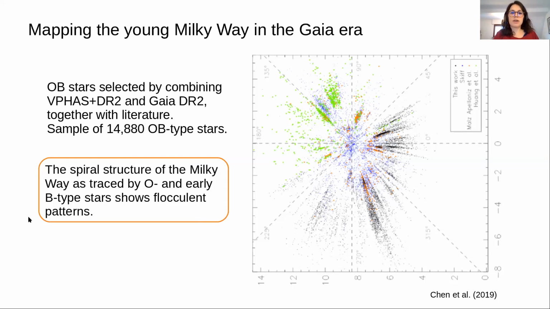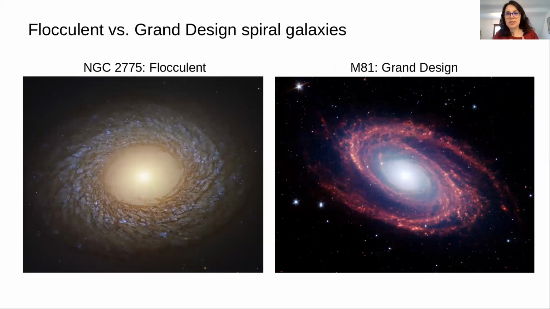Now, for many of you, or at least for me 1 year ago, flocculent was a very weird term, and I didn't know what it was. So I did some research, and I discovered that spiral galaxies can be divided, let's say, in two subsamples, flocculent galaxies or grand design galaxies.